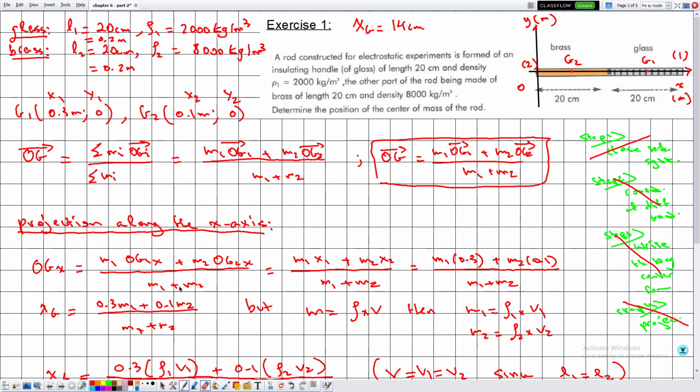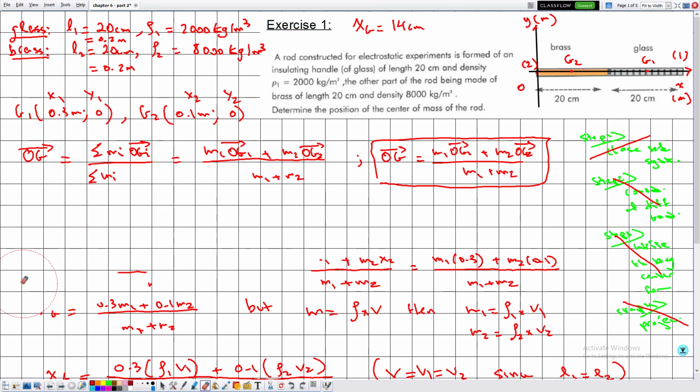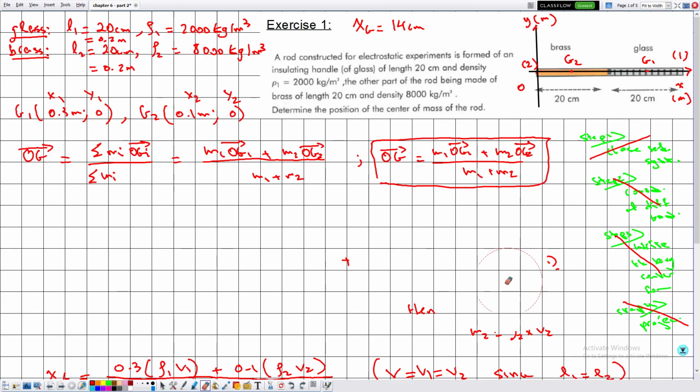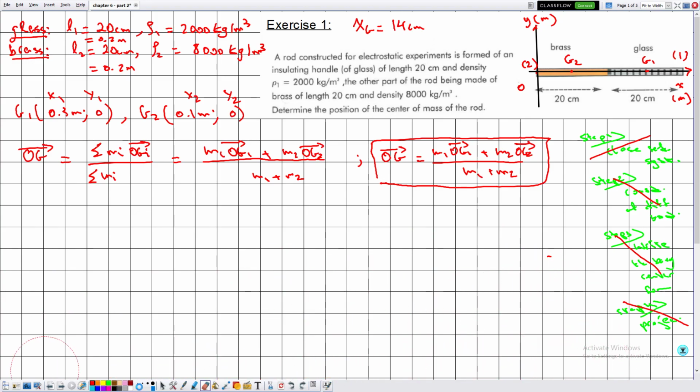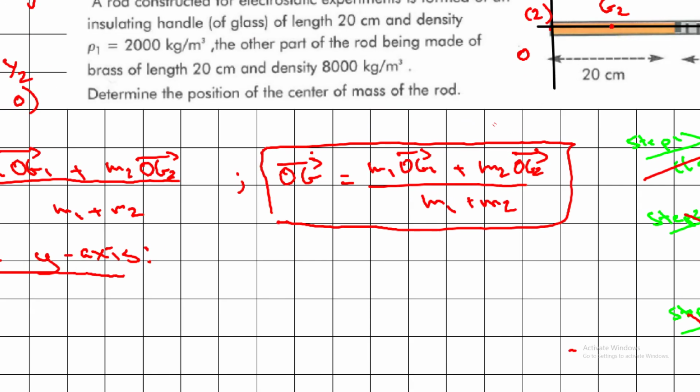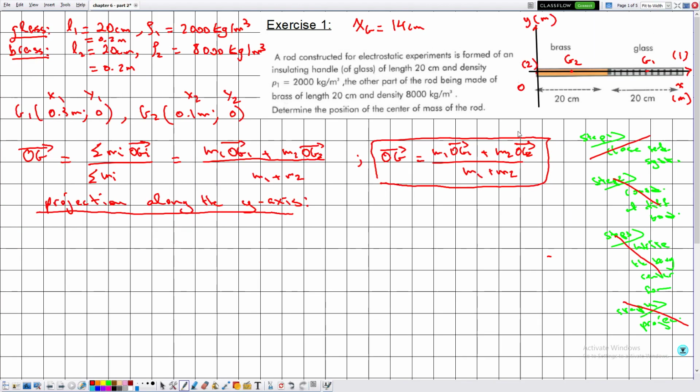Now as for the projection along the y-axis, we drop down the vector, and each vector quantity will carry the label y.